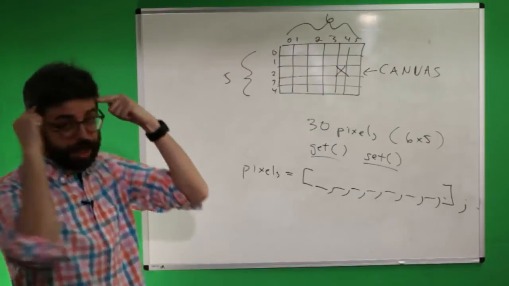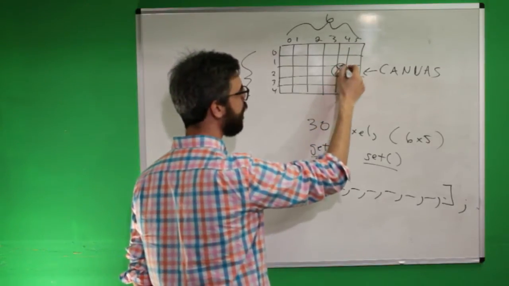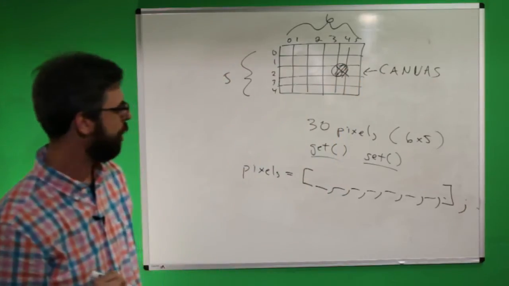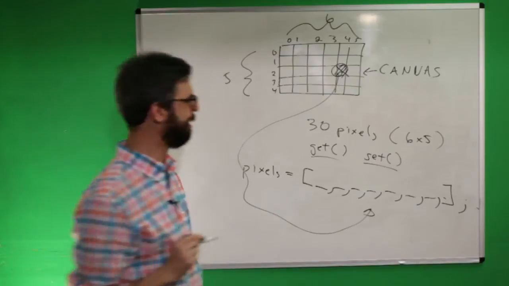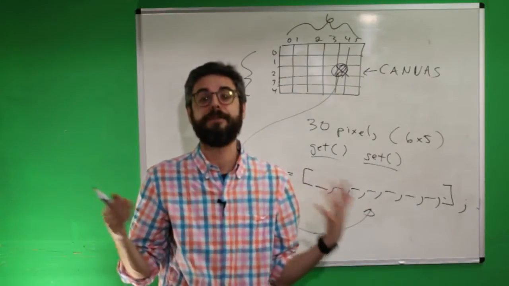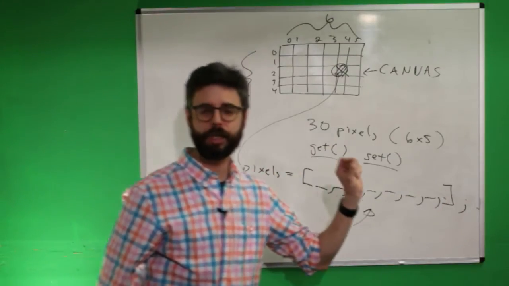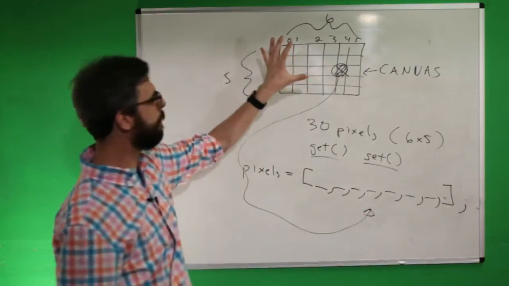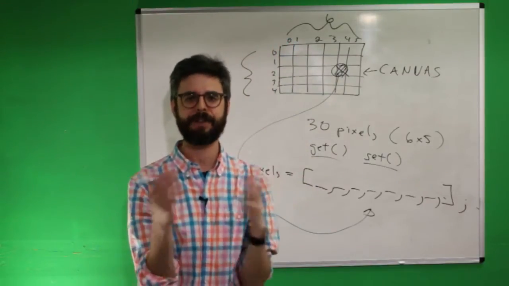So the question that we have to figure out is, if I want to change the color for this particular pixel, how do I find where in this array to do that? To do that, we need to do a little bit of math. Because this is just a linear, one-dimensional list, an array, but the image we'll think of as this two-dimensional thing. So how do we go back and forth between the two of them?